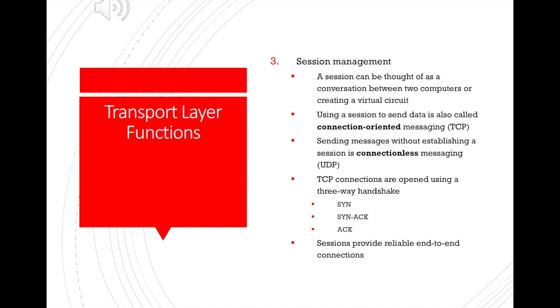TCP connections are opened using a three-way handshake: the SYN, the SYN-ACK, and the ACK. Sessions obviously are more reliable. So if you want reliable communication where the communication is critical, you'd probably use TCP. It also contains a lot more overhead.